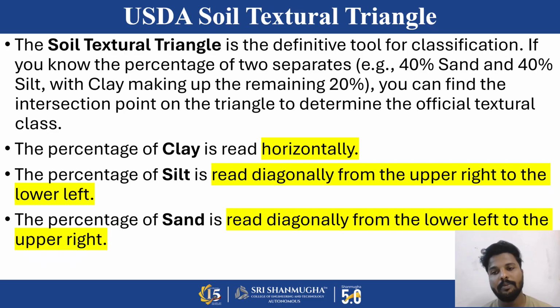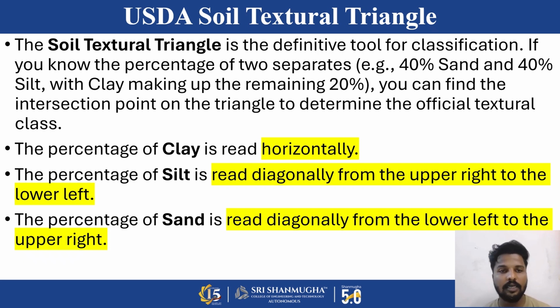That means since the percentages of sand, silt, and clay must sum to 100 percent, knowing two automatically tells you the third one. If you know the percentages of two particles, you can find out the percentage of the third particle.